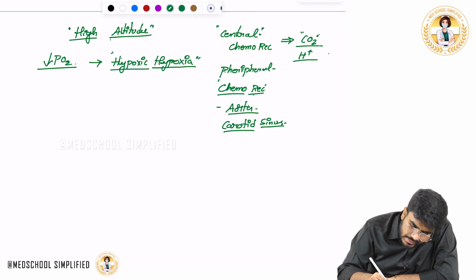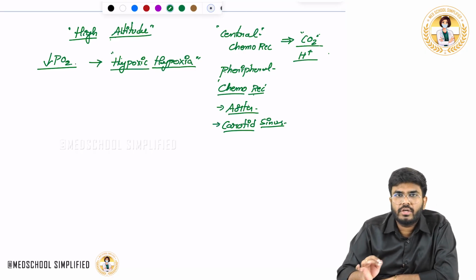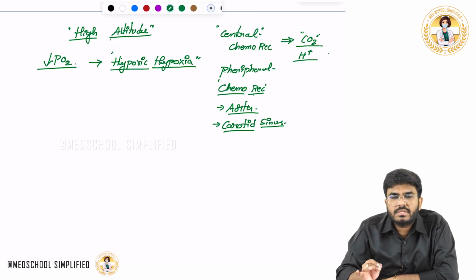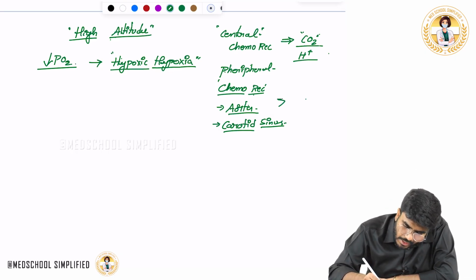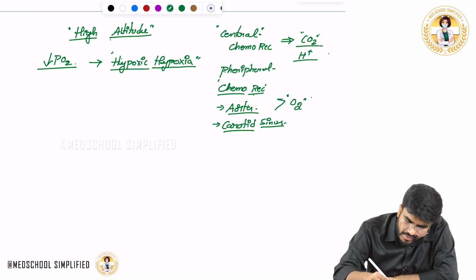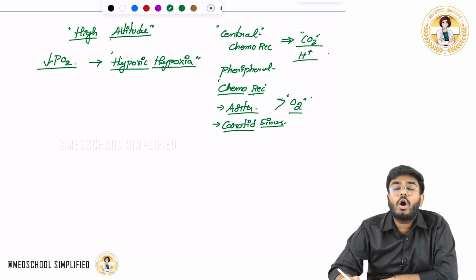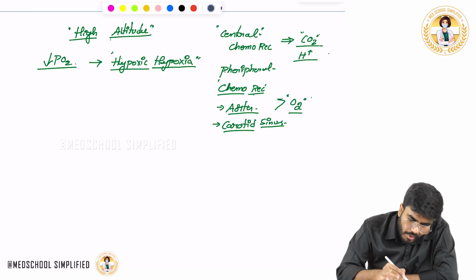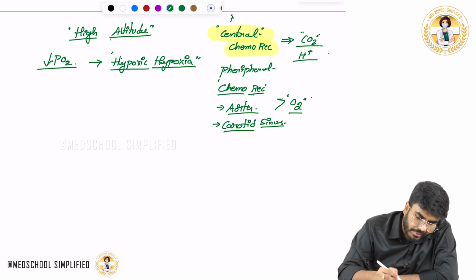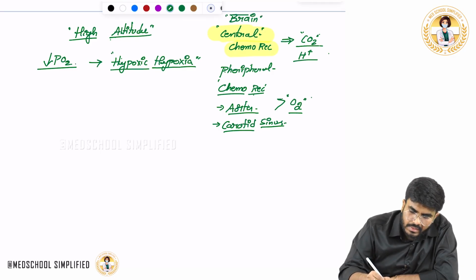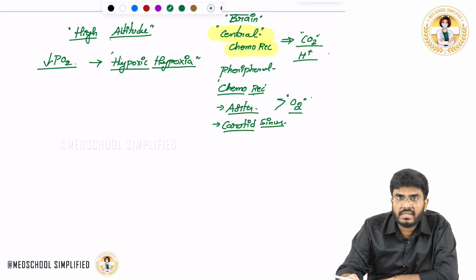In these areas there are chemoreceptors present, and they always check the levels of oxygen, the partial pressure of oxygen, whether enough oxygen is there or not. They are always concerned about the oxygen levels. So here I am telling you important points. Look, the central chemoreceptors are present in the brain, and they are checking carbon dioxide levels.